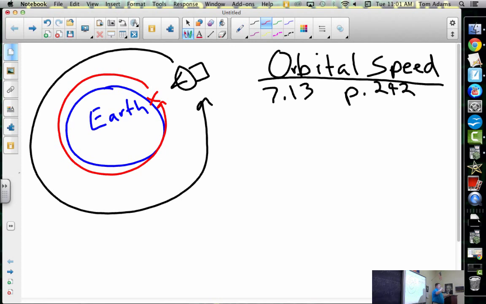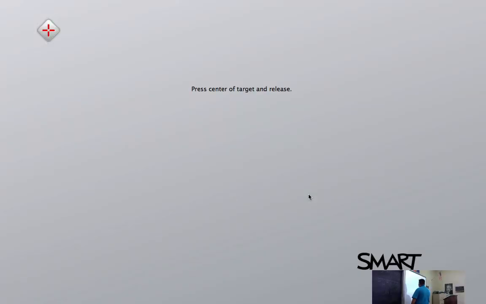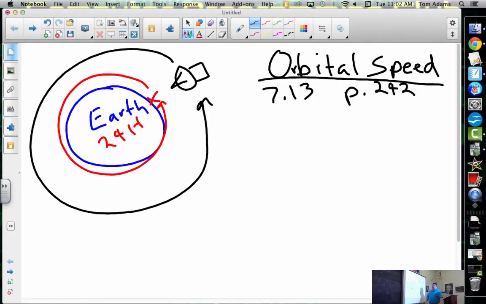One day, which takes 24 hours. And so they rig up these satellites to stay in that same position. So they hover over a location.